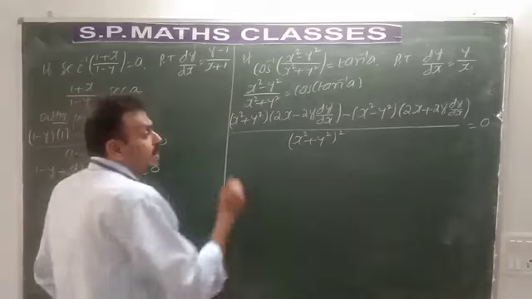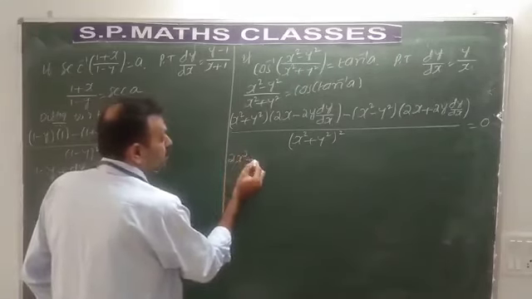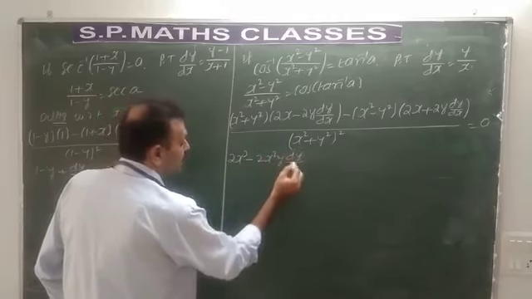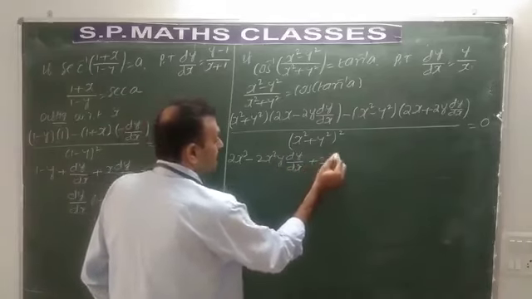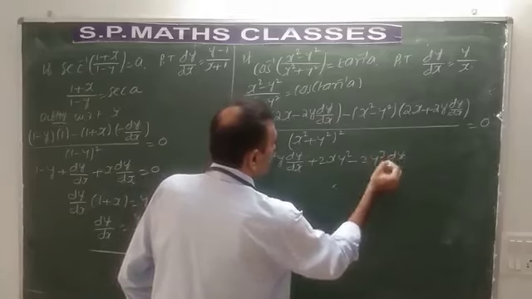Please see here. Now, let us multiply: 2x cube minus 2x squared y into dy by dx plus 2xy squared minus 2y cube into dy by dx.